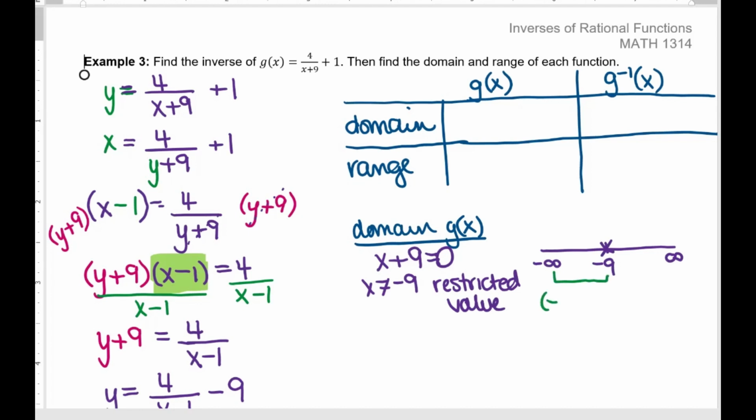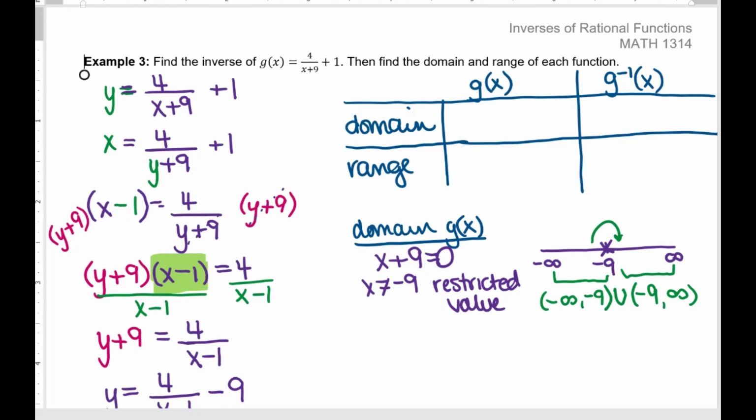We're going to have negative infinity to negative 9, parentheses around everything because we will not hit infinity and we cannot include negative 9. That's what made us undefined, the denominator equal to 0. We're going to hop over negative 9 using that union sign, and then we're going to have negative 9 to infinity for our second interval.